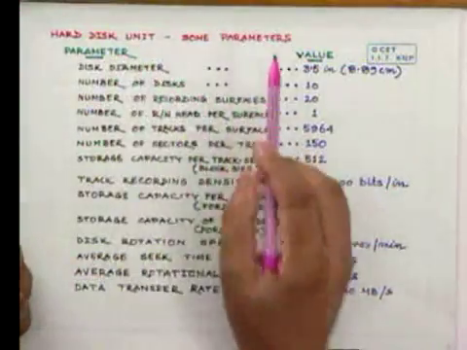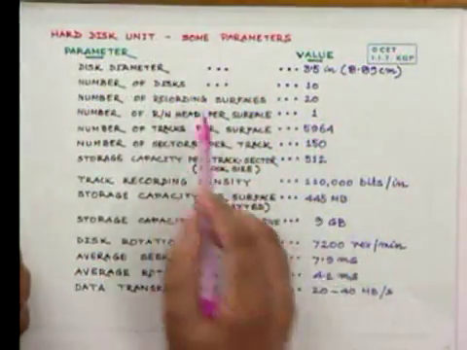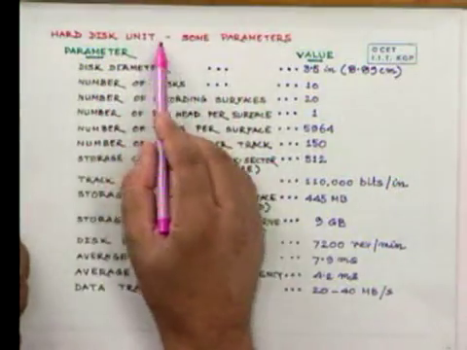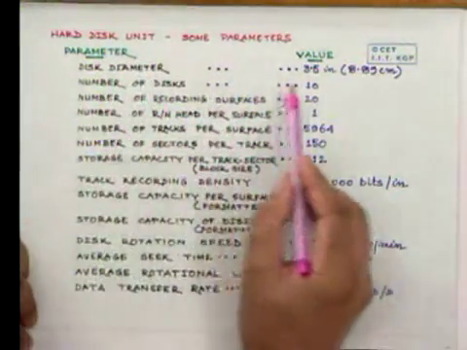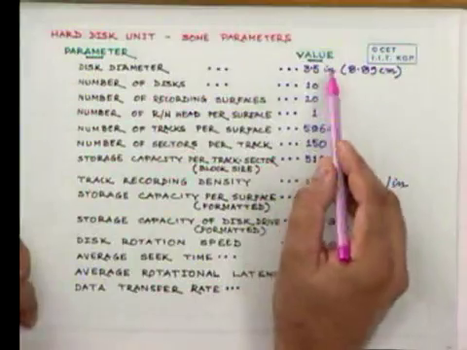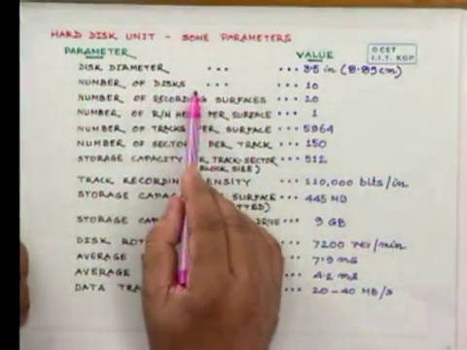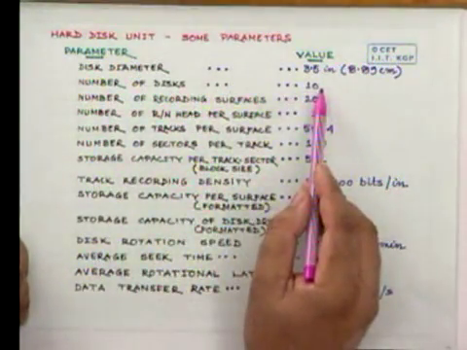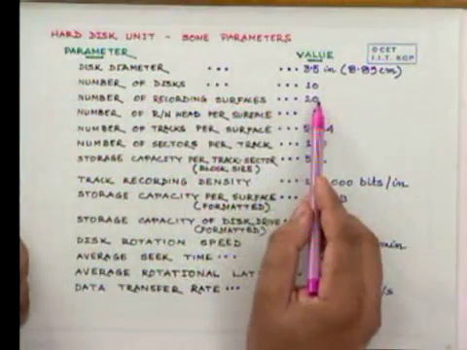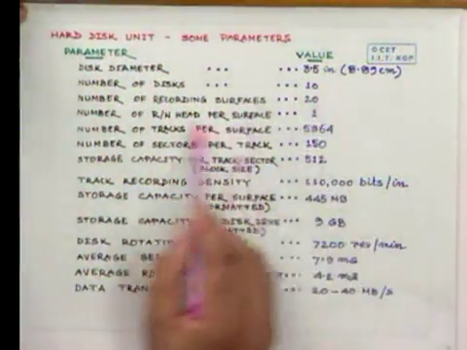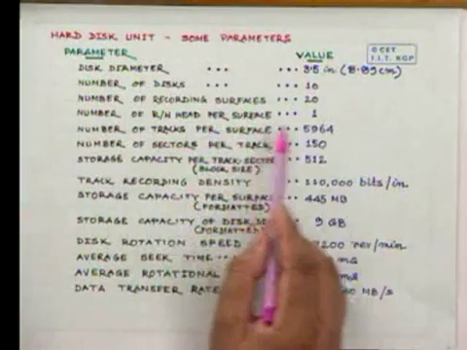Say the hard disk unit, a typical hard disk unit's parameters: the disk diameter is 3.5 inch, number of disks, that means number of platters, is around 10, and so the number of recording surfaces is around 20. Number of read write heads per surface is 1.